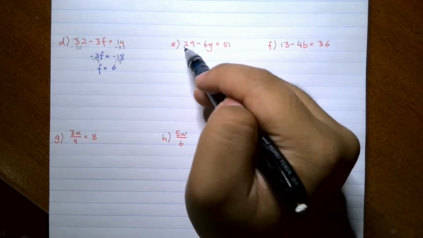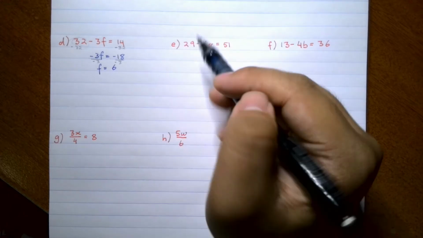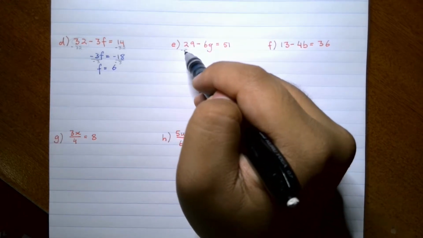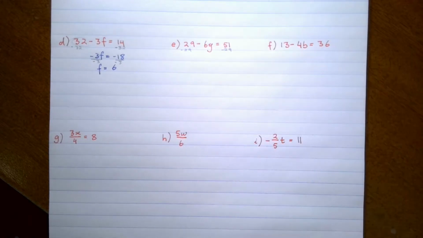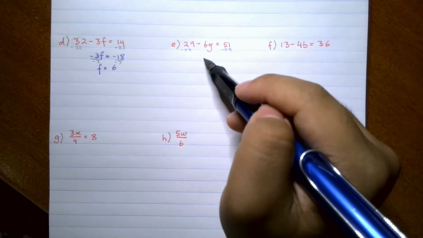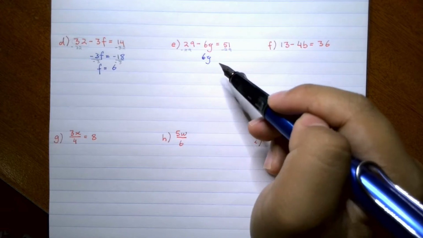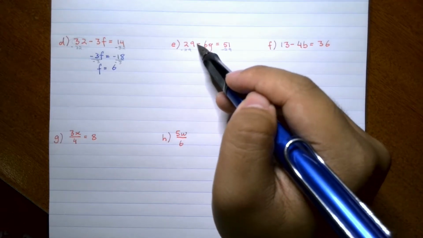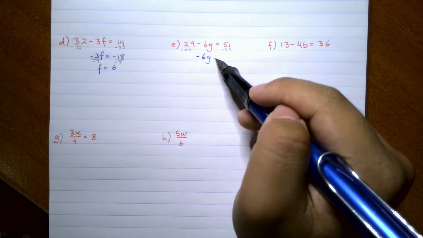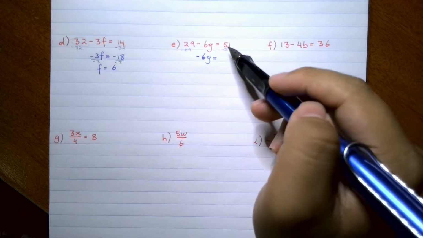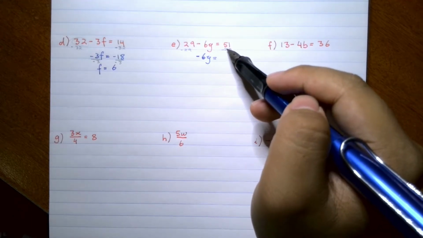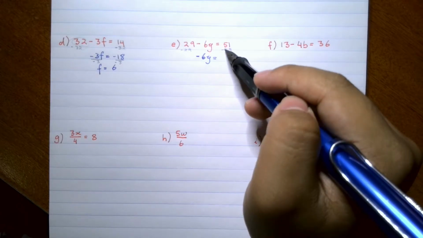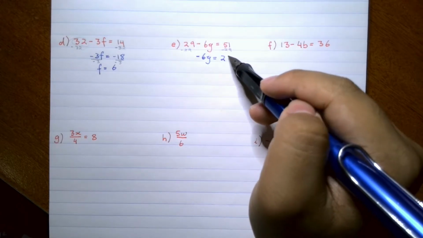Very similar. We need to now subtract 29 on both sides, like so. This will leave us with, careful again, it's not just 6y, that minus has to carry along, like so. 51 take away 29 is going to be 22.